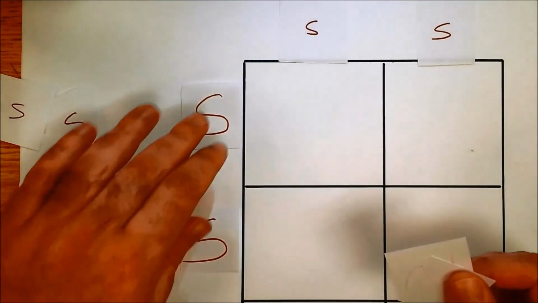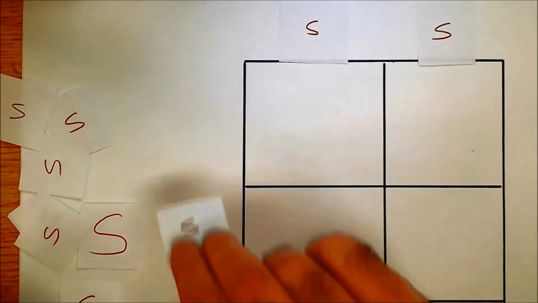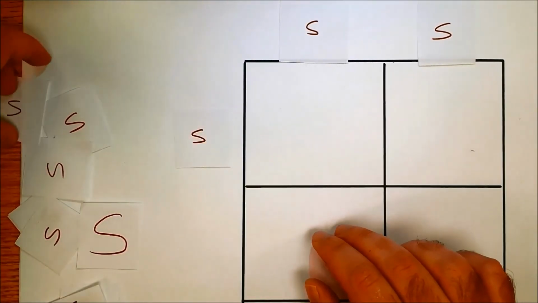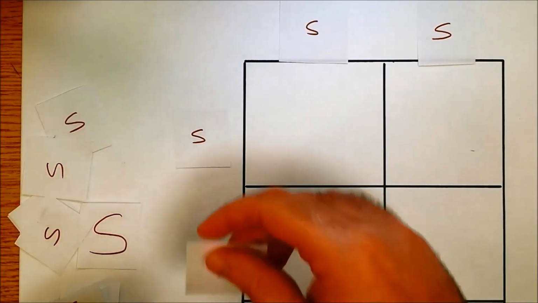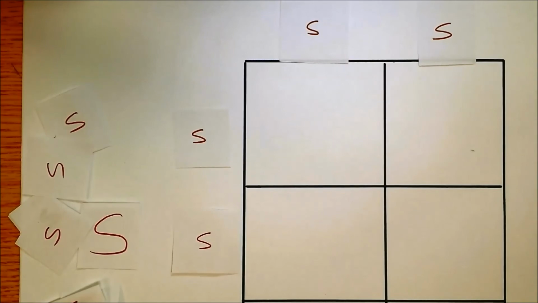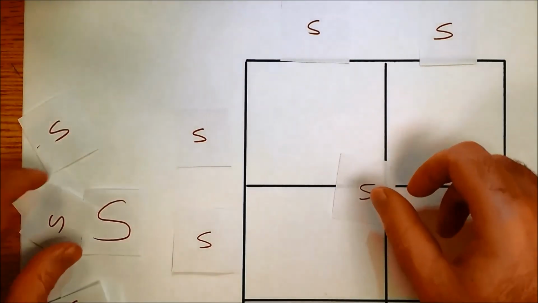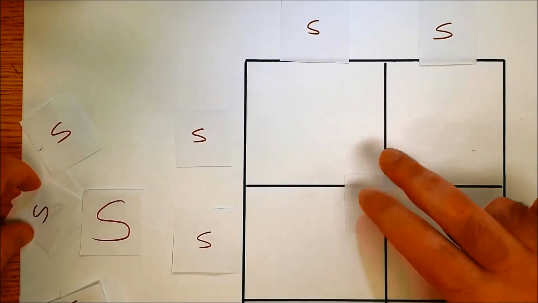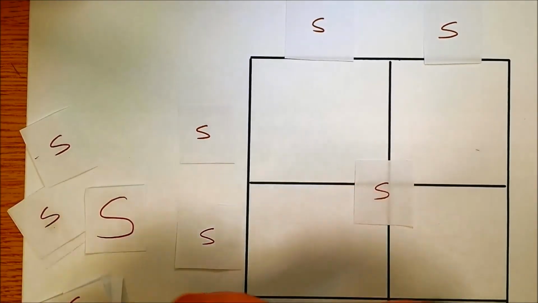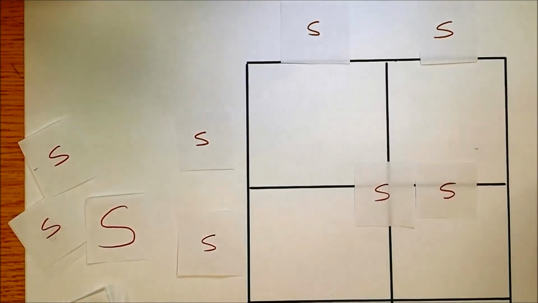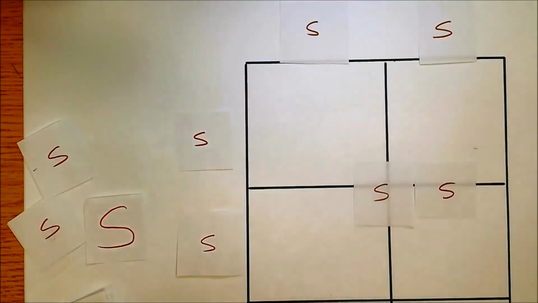So, can it be this though? Can the second parent be this? No, because then every single kitten would look like that, and that means every single kitten will have long hair. And we know that's not the case.